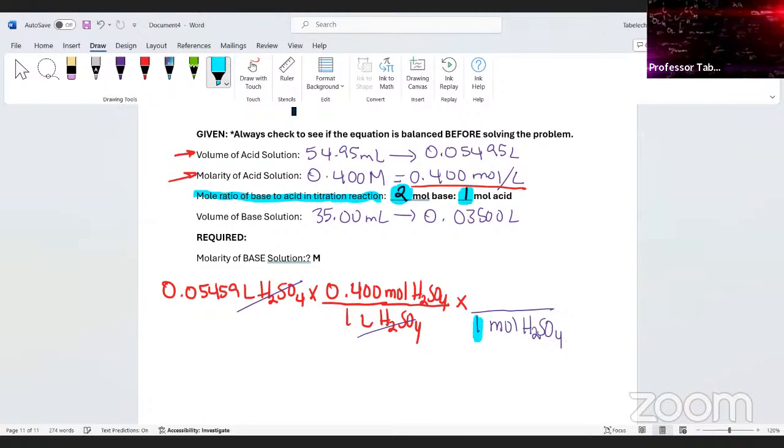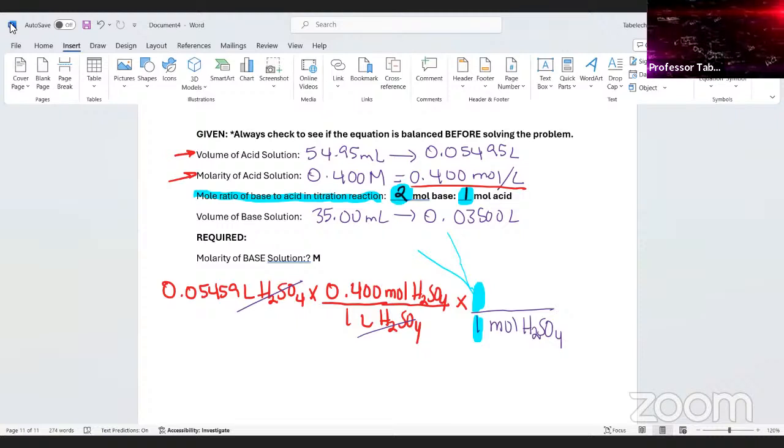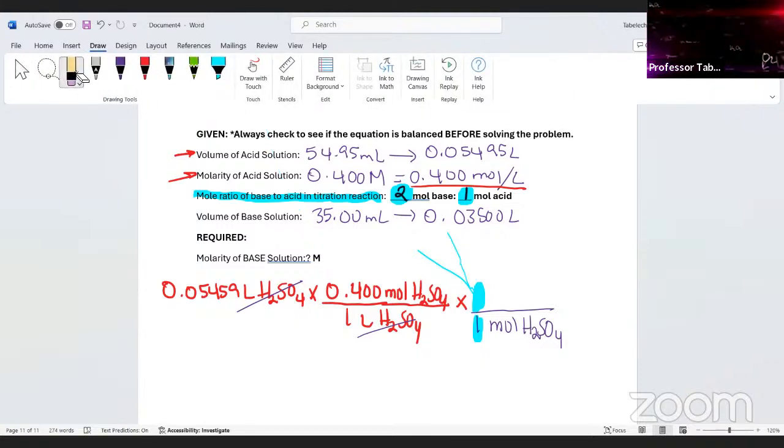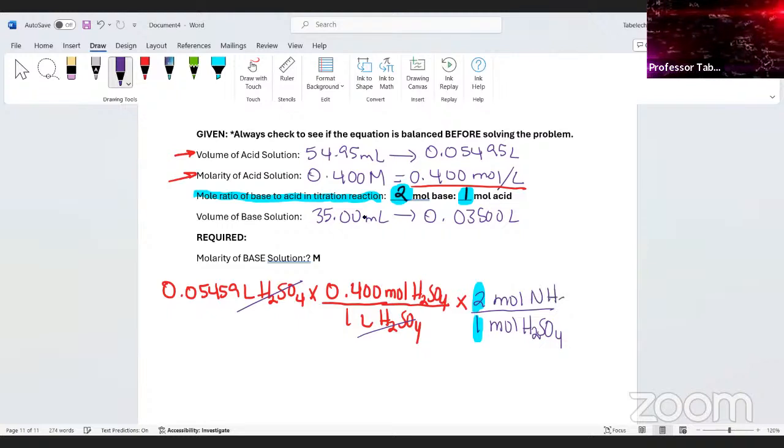So that's where the 1 comes from. On the very top, 2 moles of my base. It's going to go on the very top. So I've got 2 moles right here of NH3.